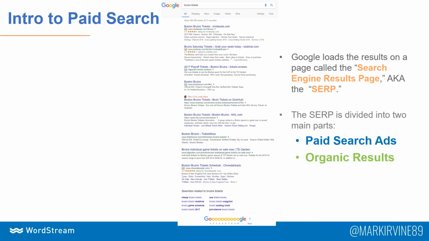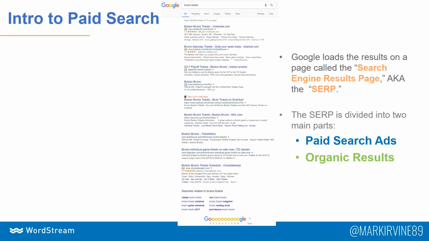But what's really interesting is that in that fraction of a second, Google in fact loads two different parts of this page from two different engines altogether. There is a part of Google that loads the paid search ads, and a separate part that does not talk to that part that manages the organic results.